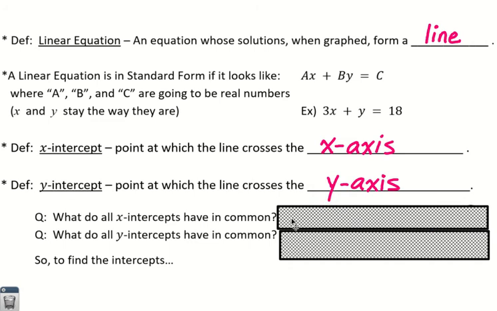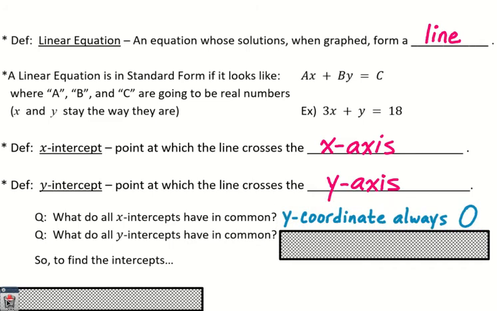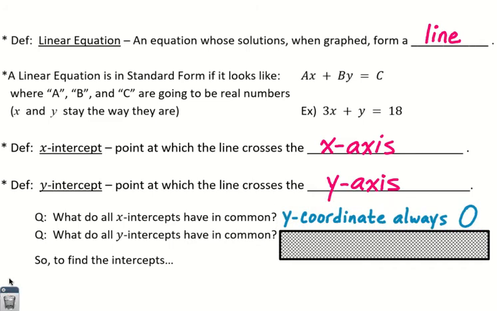What do all the coordinates of x-intercepts have in common? That the y-coordinate is always 0. Again, all the x-intercepts have a y-coordinate of 0.